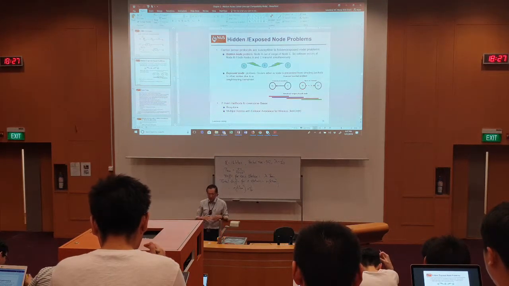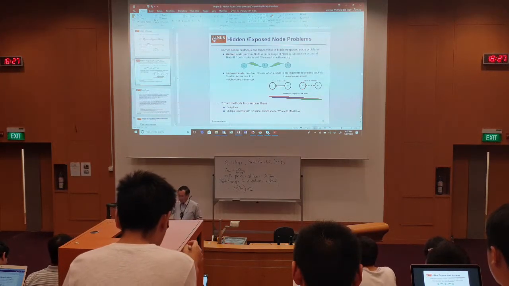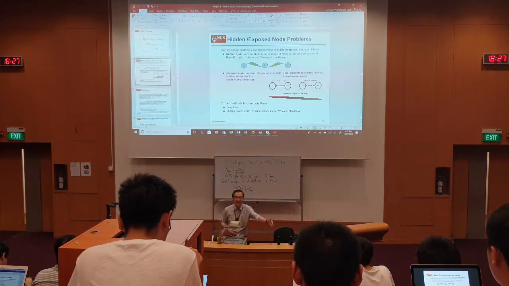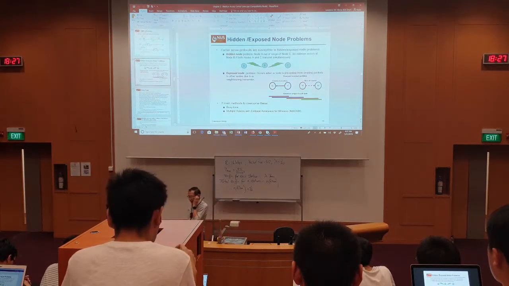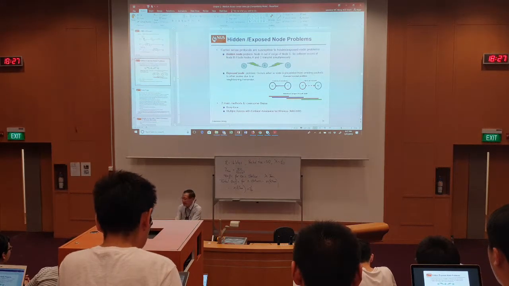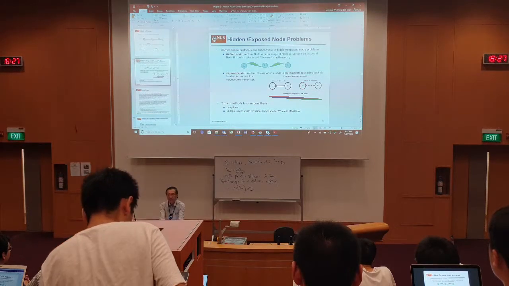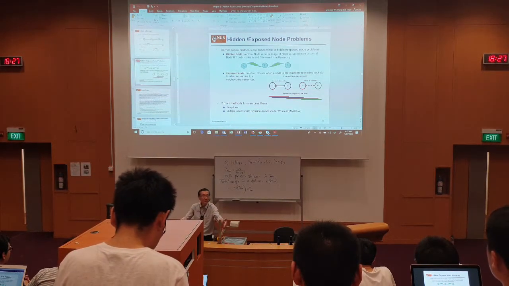In the exposed node problem, we have A, B, C, and D. Let's say B is talking to A. Of course, C can hear it because it's within range.